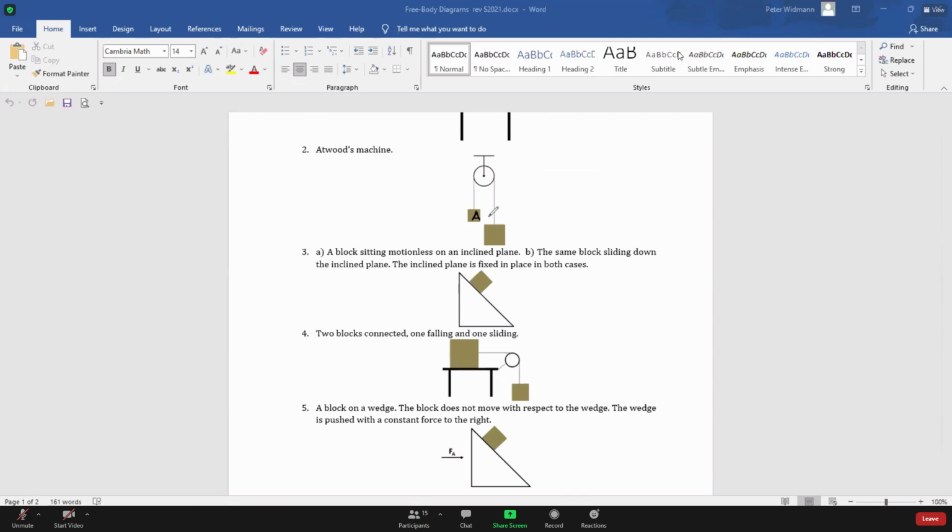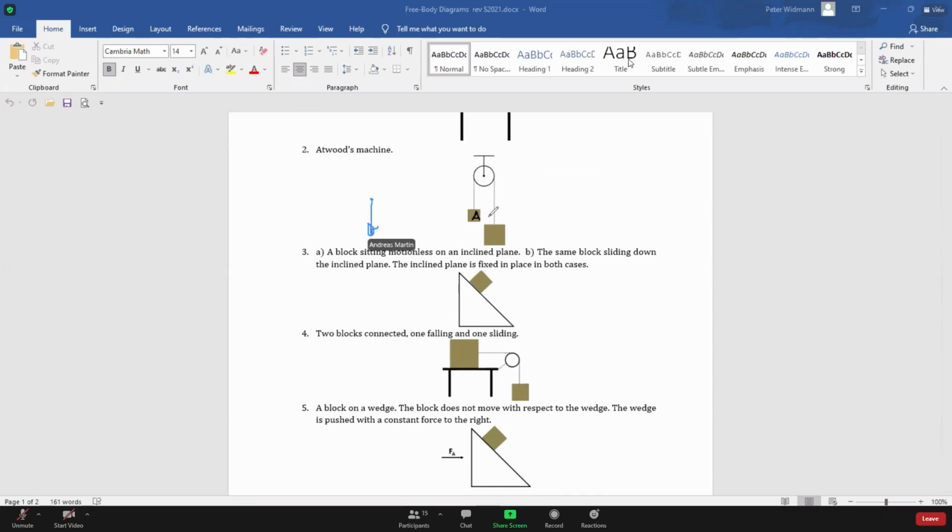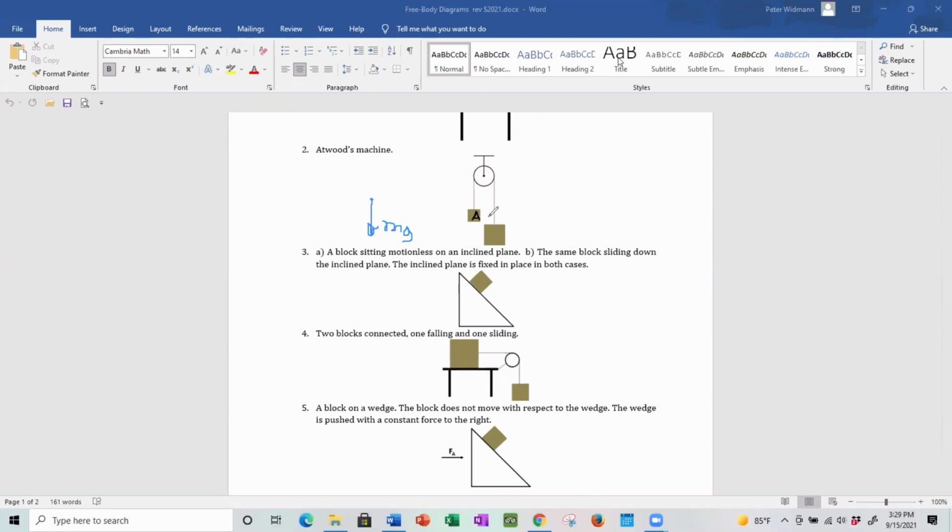If you want me to draw it for you, you tell me what to draw. That's okay too. So for block A, that's mass times gravity. And we have an upward force.